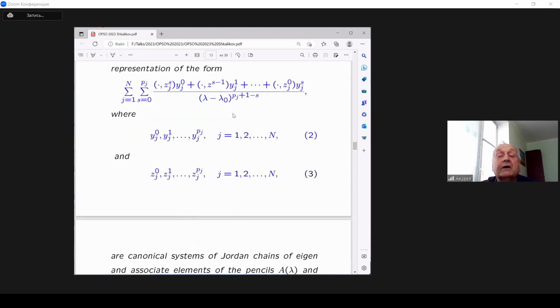And here you see the sum is finite. The sum is finite, and here y naught, y jk, y jp are Jordan chains of the pencil at the eigenvalue lambda naught, and c j naught and so on are Jordan derivative chains for the adjoint operator pencils.